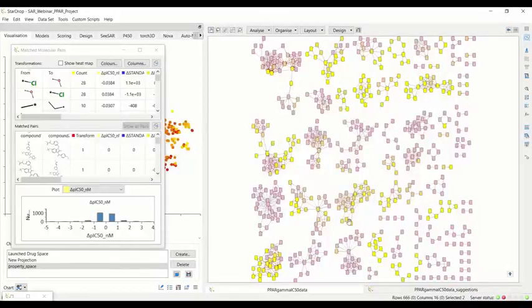The matched pairs analysis has been done. Again, the cards are colored by their activity. So as I described, you can see that there are networks here that are larger than others. You can see quite easily where you've got activity cliffs, pink cards connected to yellow cards. These are where activity has changed quite dramatically.